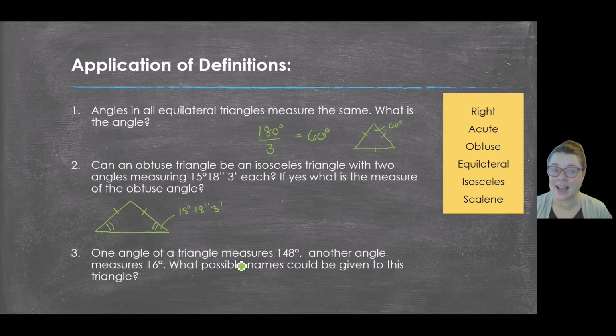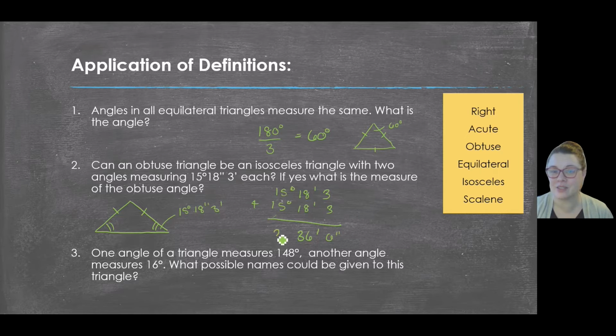So let's think, how much have we used up if we have two of those? I've got two angles that are 15, 18, 3, and 15, 18, 3. Add them together. I get 6 seconds. 18 and 18 is 36.